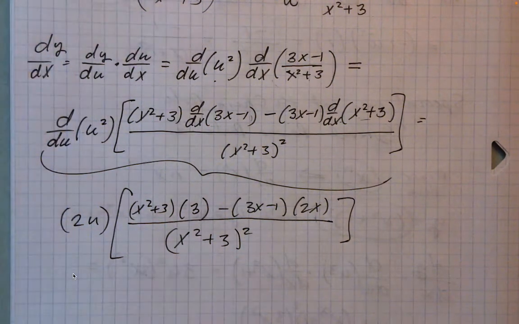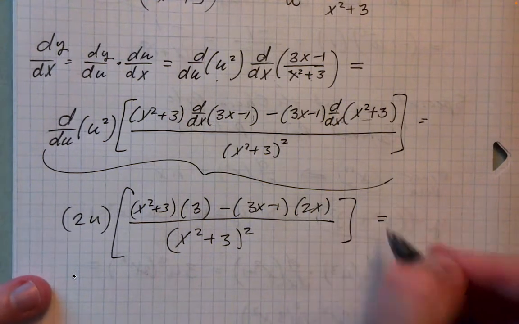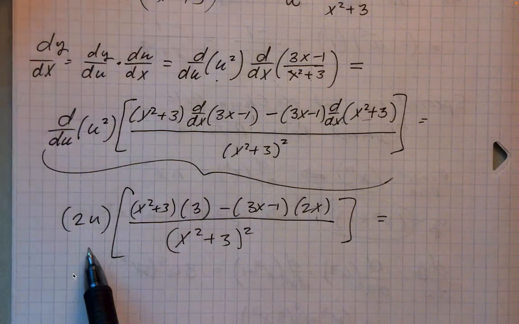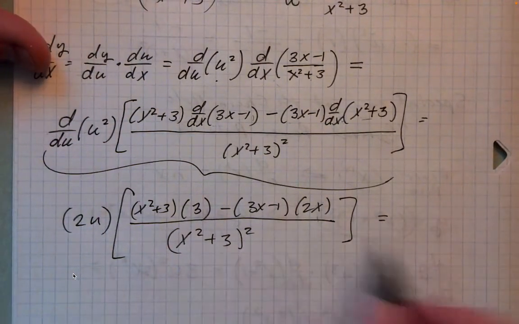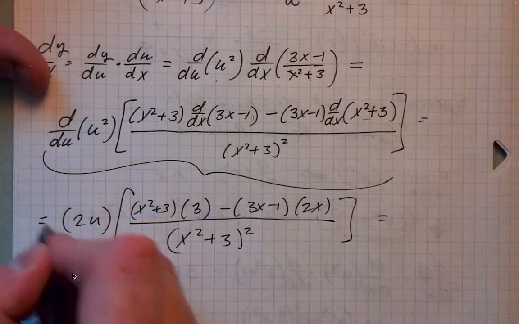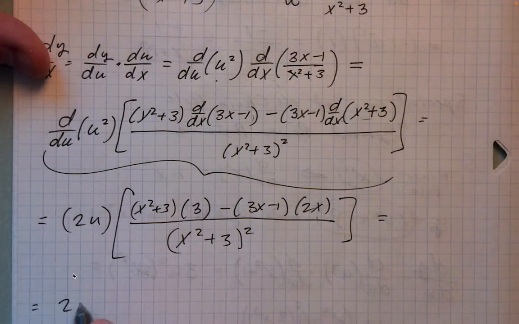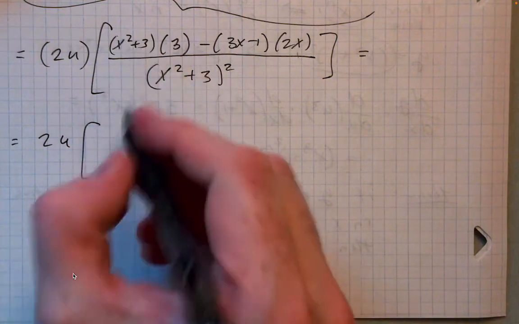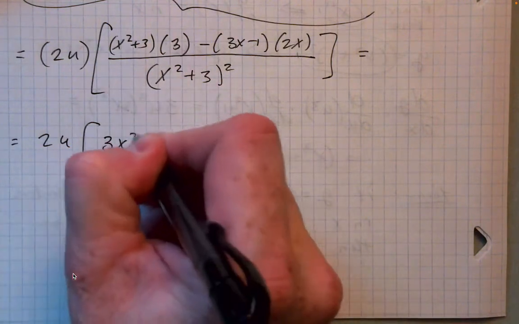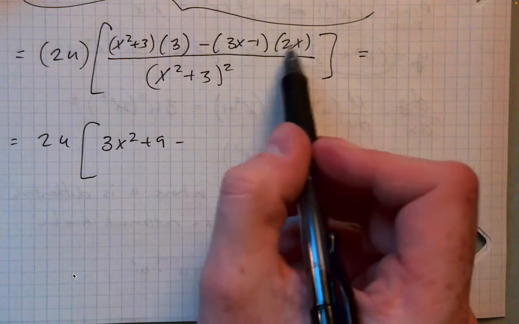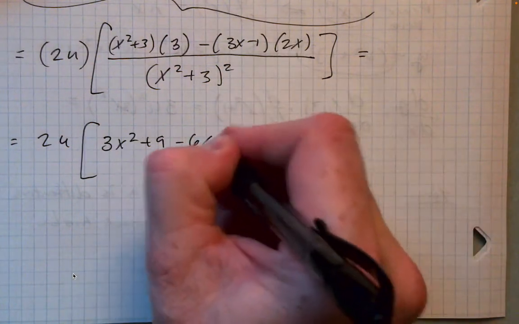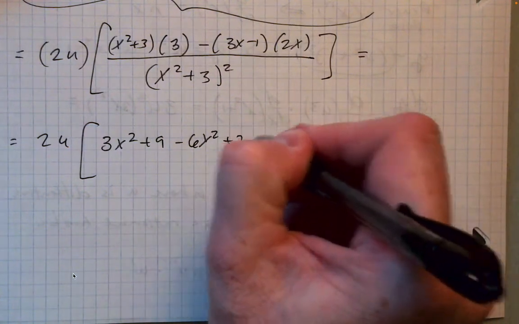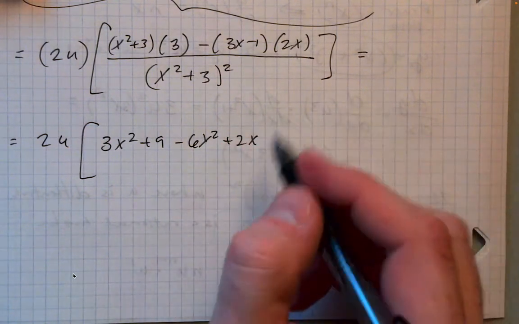Right, and you can do a lot of cleanup here. But maybe what I'll do is just clean this up first. So you've got 2u, and then you've got, let's see, 3x squared plus 9 minus 6x squared plus 2x, I believe.